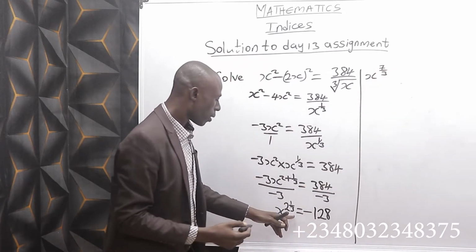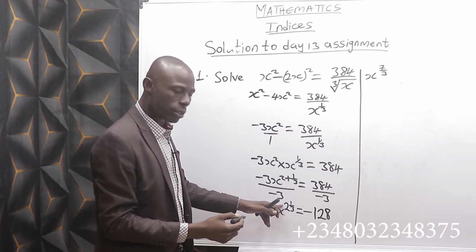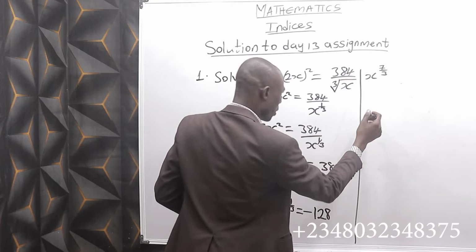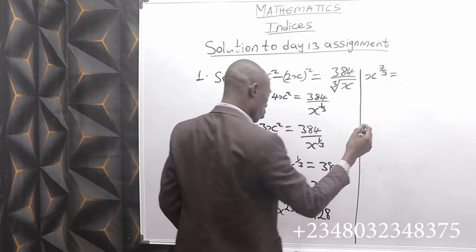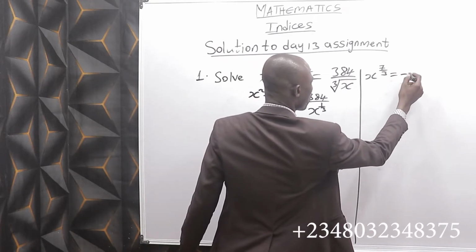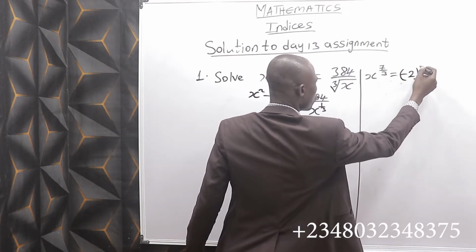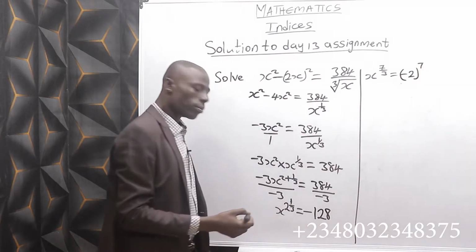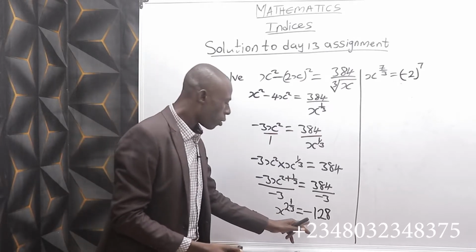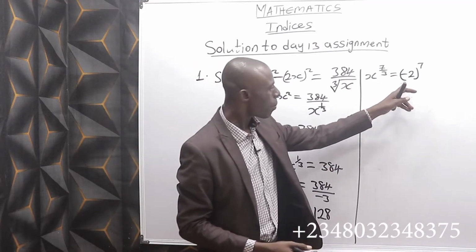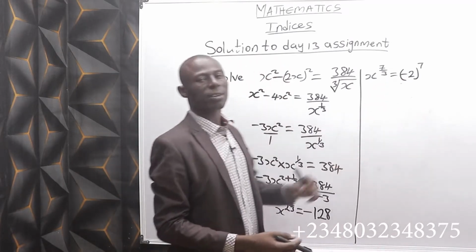How? 3 times 2 is 6 plus 1, 7 over 3, which is equal to minus 128. Minus 128 could be expressed in index form as minus 2 raised to power 7.